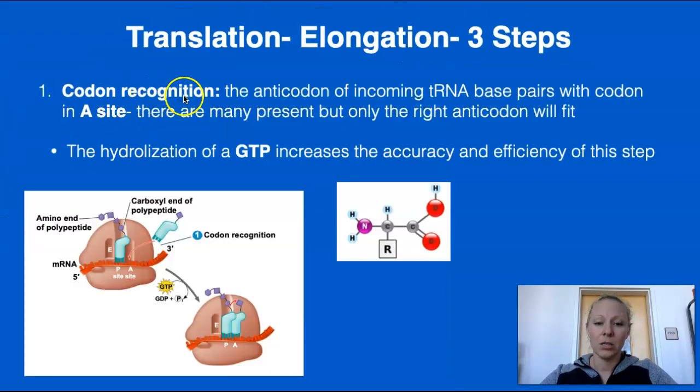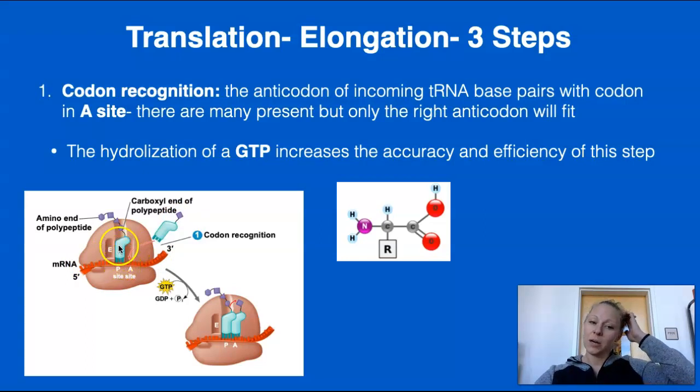Codon recognition. So the anticodon of an incoming tRNA is going to base pair with the codon. So here we have our ribosome complex with its mRNA strand, and we have our E, our P, and our A site.